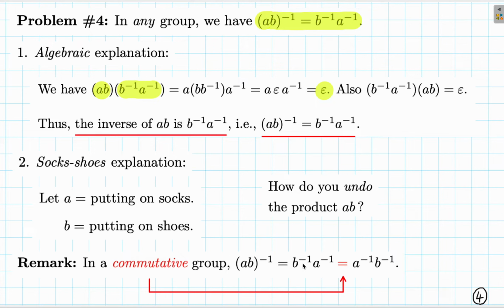But because we have a commutative group, B inverse A inverse can be flipped around and we can say that's equal to A inverse B inverse. And so in a commutative setting only, we can say that the inverse of AB is equal to A inverse B inverse, which looks familiar to the exponent law that we might have seen in the past. But again, this only holds in the commutative setting and not in general.